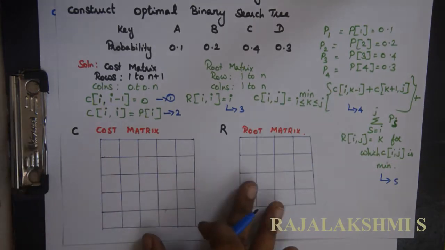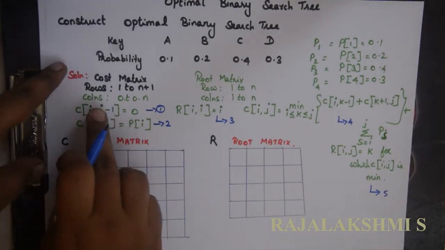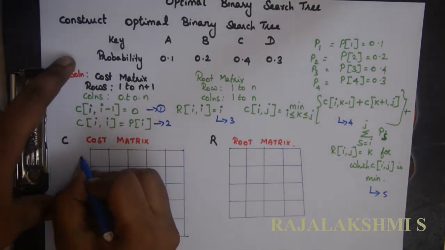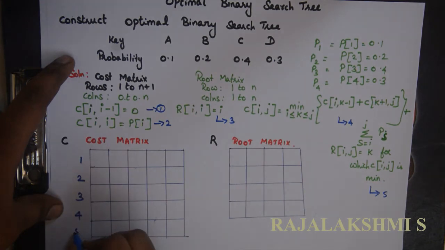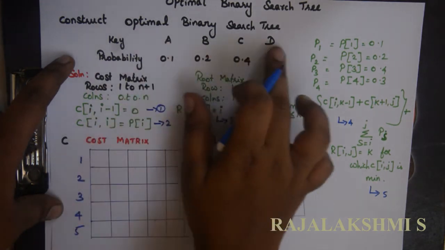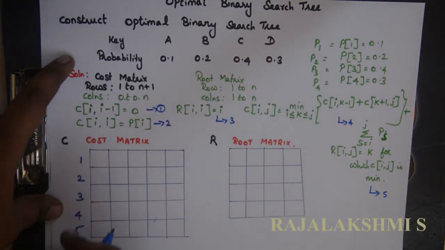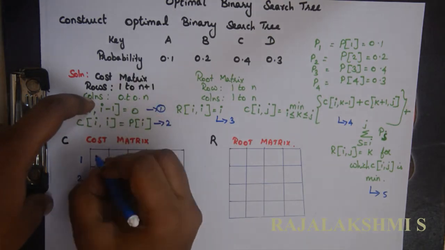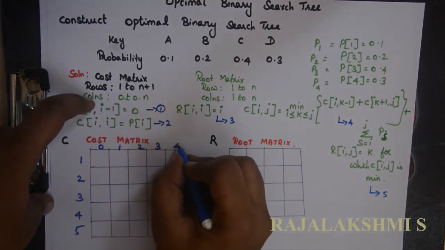Before filling using this, let me name the rows and columns. The rows range from 1 to n plus 1, so 1, 2, 3, 4, up to 5. Here n is the number of symbols given, so n is equal to 4. The rows range from 1 to 5 and the columns range from 0 to n, so 0, 1, 2, 3 and 4.